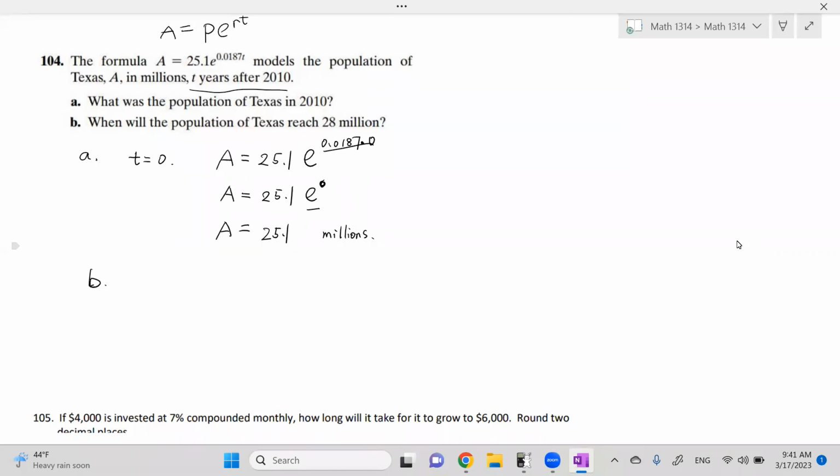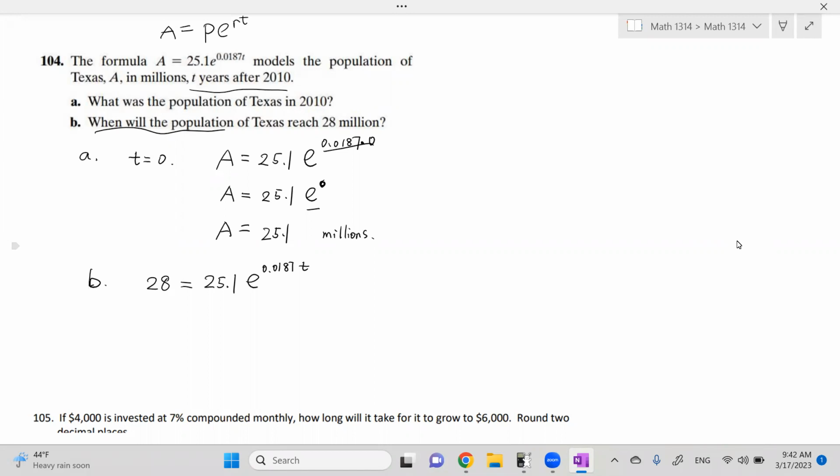When will the population of Texas reach 28 million? They provide us the future value, 28 million. That means A is 28. Then in the formula, we're having 28 equals 25.1 times e to the 0.0187 times t. It is asking when will the population, that means looking for the t.